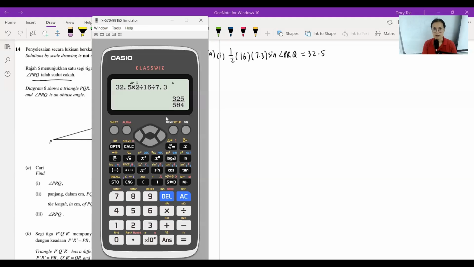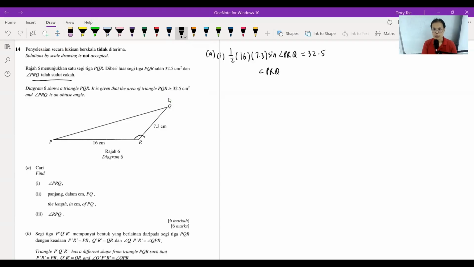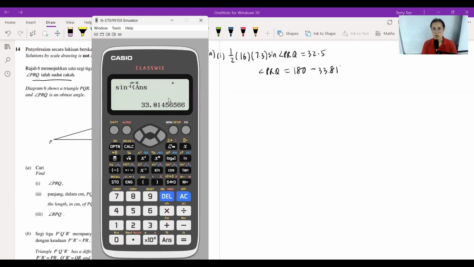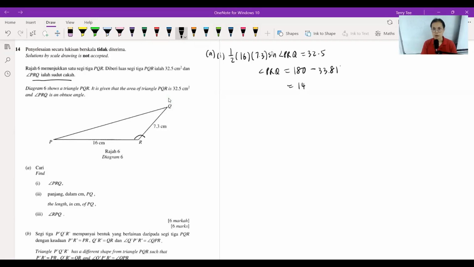So whatever I get, I shift sin, answer equals 33.81. But be careful, they already say sudut cakah, so you don't want to take 33.81. You need to take 180 minus 33.81. So you should get 146.19. Yeah, 146.19.